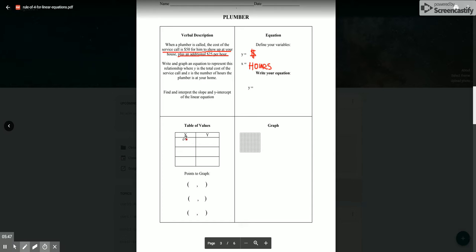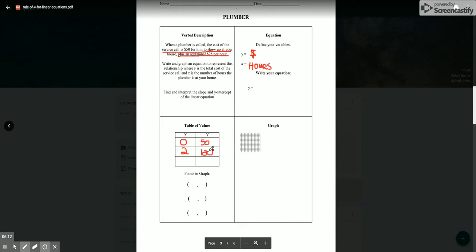Okay, so 0 hours, he shows up and it's already fixed. Okay, just for calling him out, or her, is $50. And then if they work, 25 for 1 hour, so let's say that it's 2 hours. So 2 hours times 25, that's going to be another $50 plus the 50 for the service call.